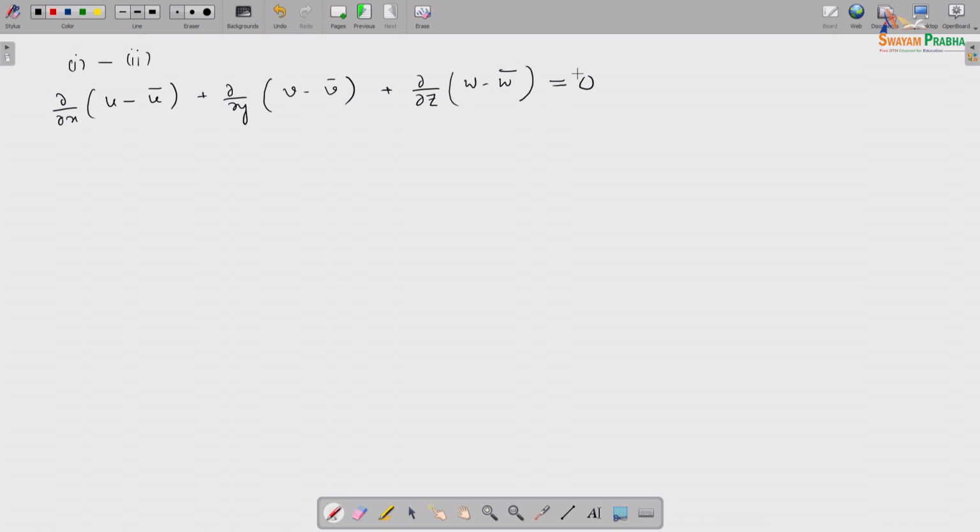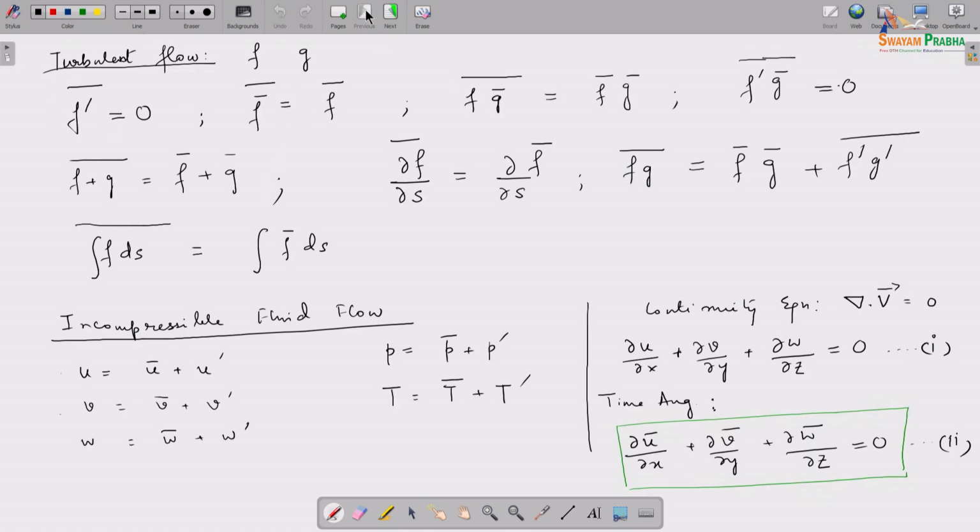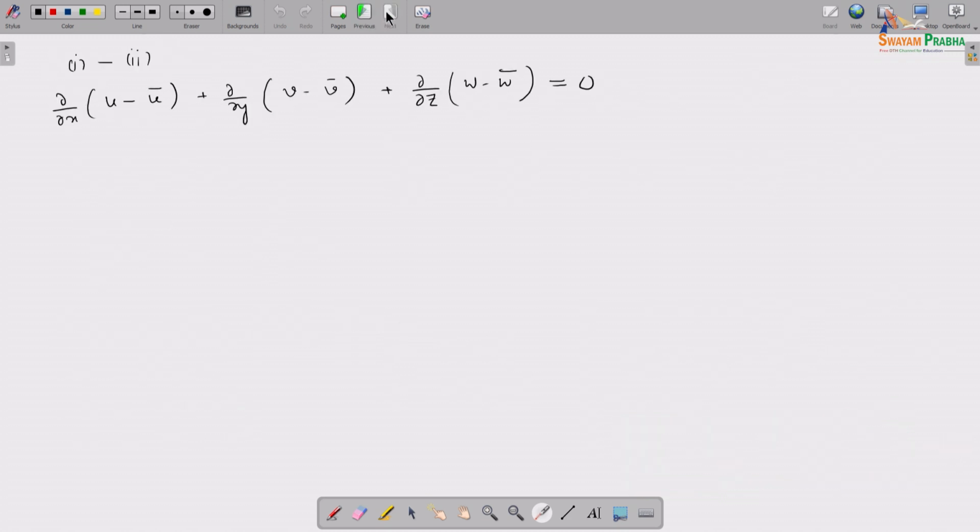What is this? So, if I do that, then what do I get? So, u minus u bar, right, and v minus v bar, etc. If you look at these, u minus u bar is nothing but u dash, v minus v bar is nothing but v dash, right, and w minus w bar is nothing but w dash.